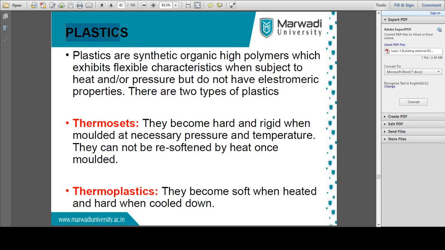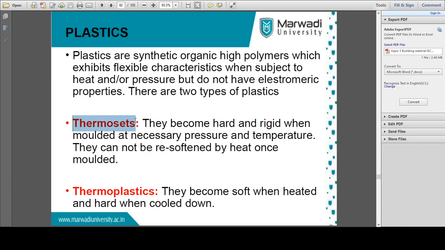The next construction material that we need to learn is plastic. Now, we use plastic in our day-to-day life, right? There are certain plastics which are very hard and rigid in their shape. We cannot change their shape. And there are certain plastics in which we can change the shape by softening, right? If we cannot change the shape, it is known as thermoset.